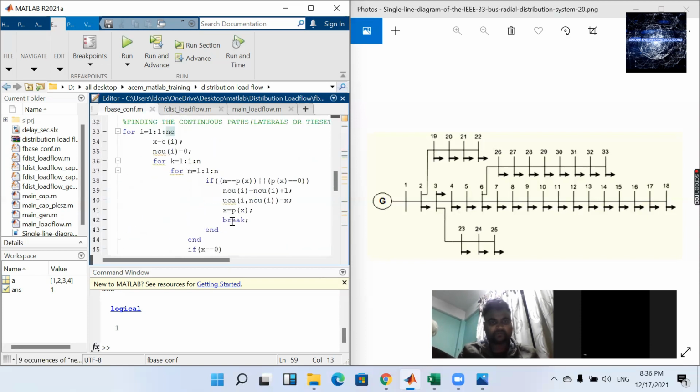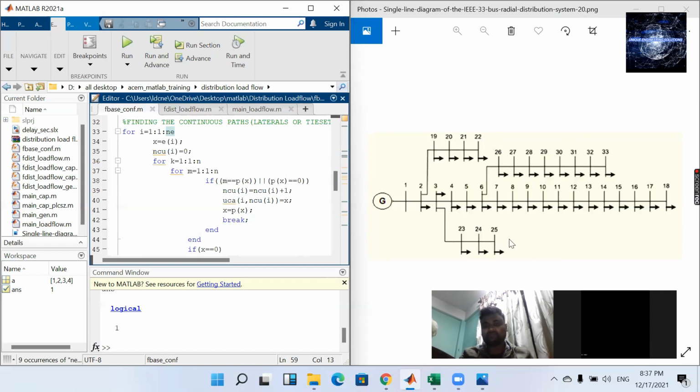Now let us explain this code. Here we have run the code from 1 to in node, because the number of in nodes is equal to the number of laterals. Because here we can see how many laterals there are? 4 laterals, because there are 4 in nodes.